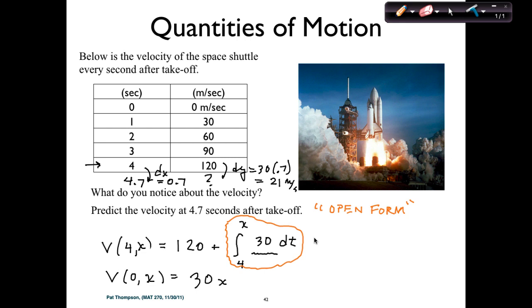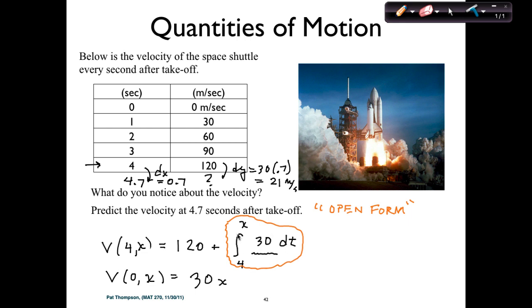What does open form mean? Open form means it reflects the process. It reflects meaning. Remember, we spent the whole first 4 days of class building this from the ground up, and this still reflects that whole journey. What is 30 times dt? What is that, essentially? That's a little bit of change in velocity, in this case calculated by the rate times the change.